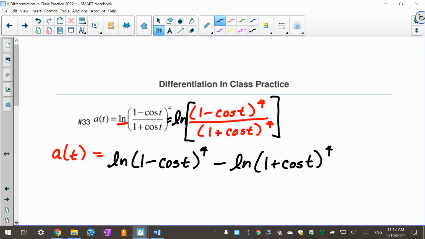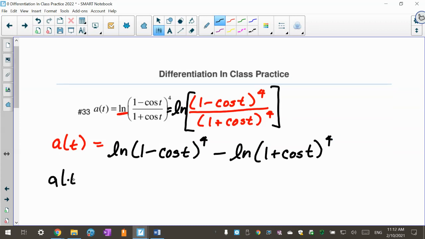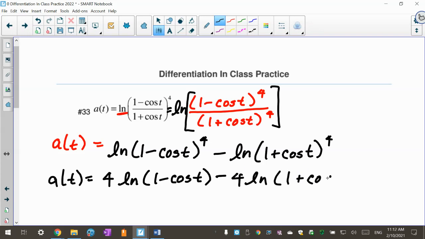And then I'm going to bring the 4 down front. So I end up actually getting this function, 4 natural log of 1 minus cosine of t minus 4 natural log of 1 plus the cosine of t.